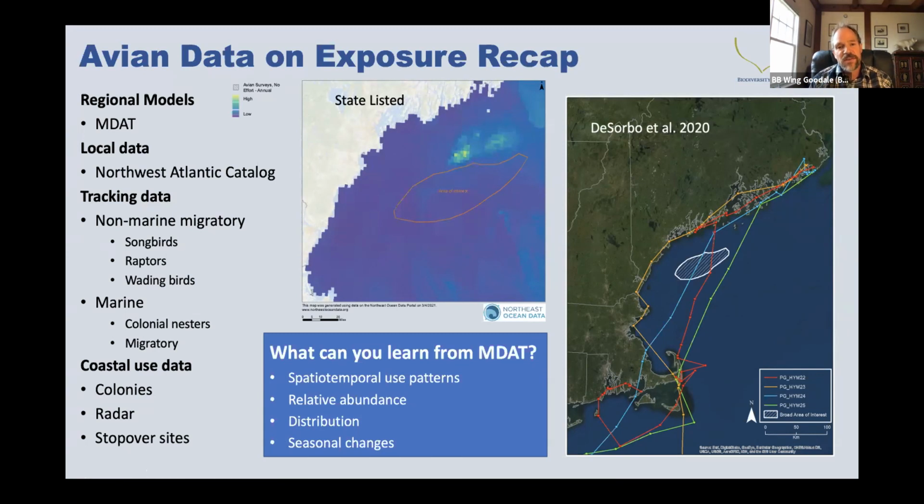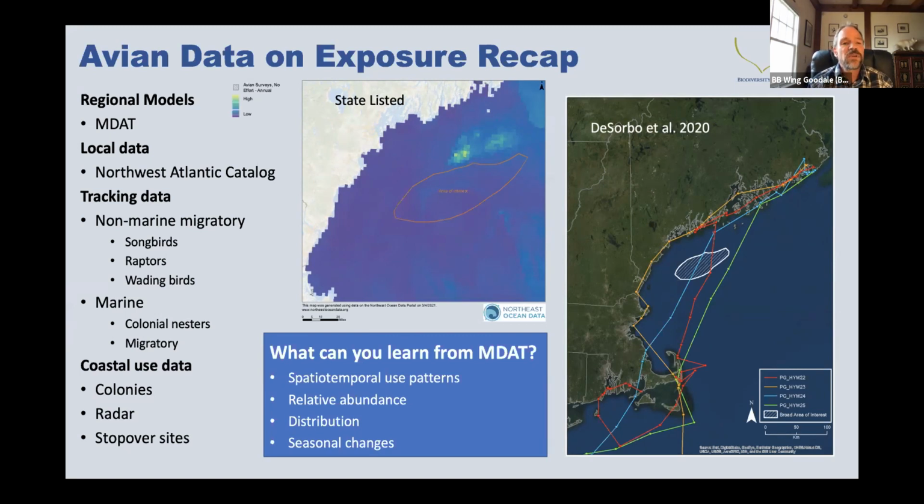NOAA put these models together using all the available bird survey data and relating it to environmental predictor variables to give us these really incredible models that give us the relative abundance of species by season, and that's for 47 species. And that's really going to be our best data set to use.